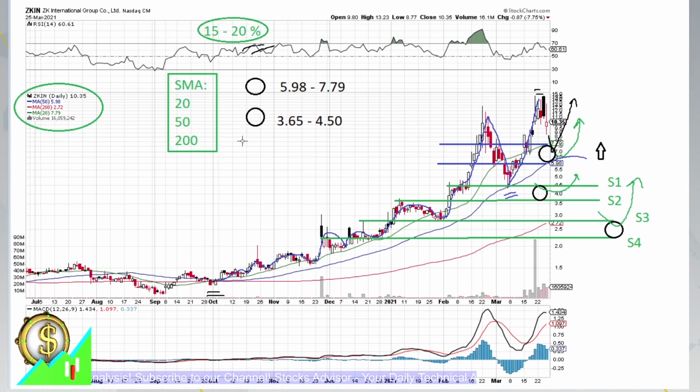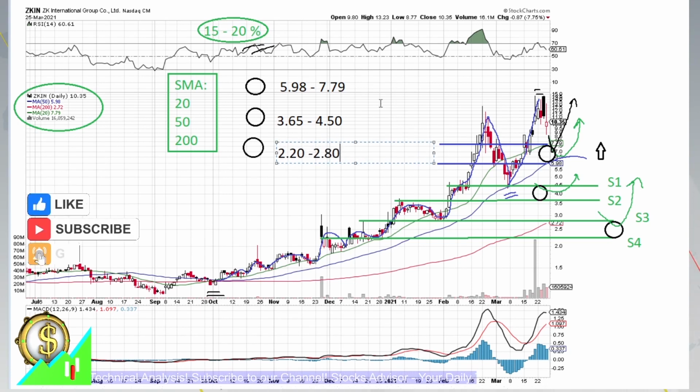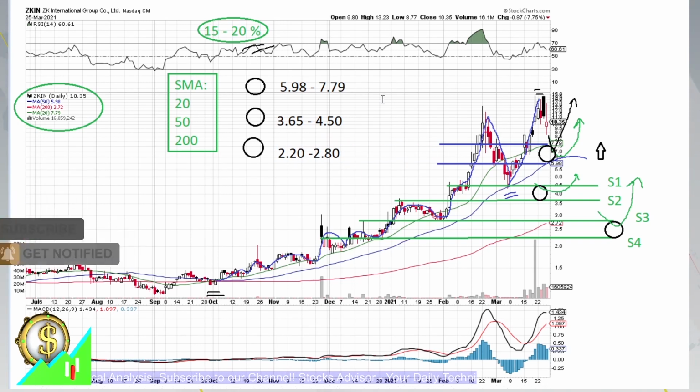So if we rebound from there, just take it, and this would be the next level if the negative catalyst comes, something like that between 220 and 280 here. So with this being said, it should be quite okay to play further, and the price should stay normal, and you could still make your profit.